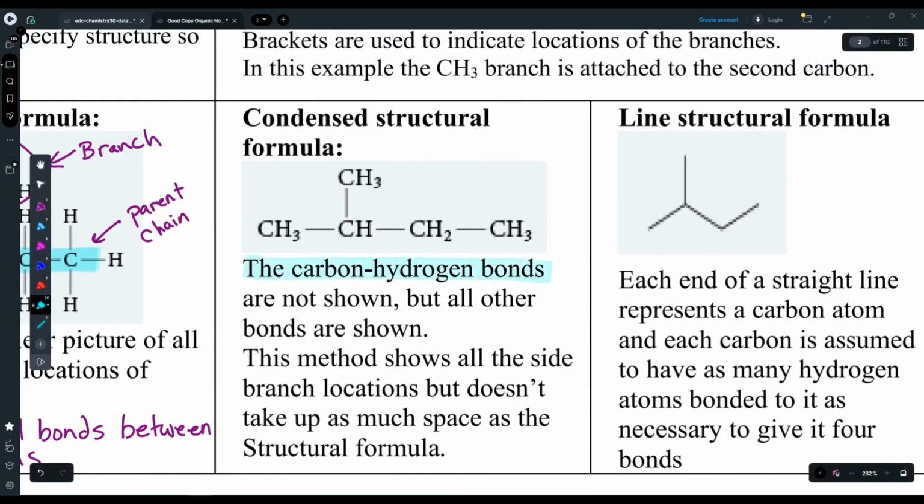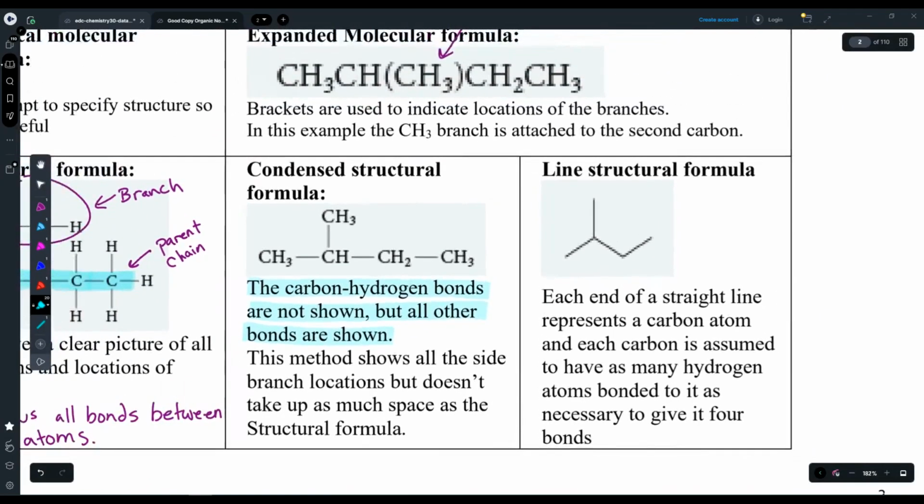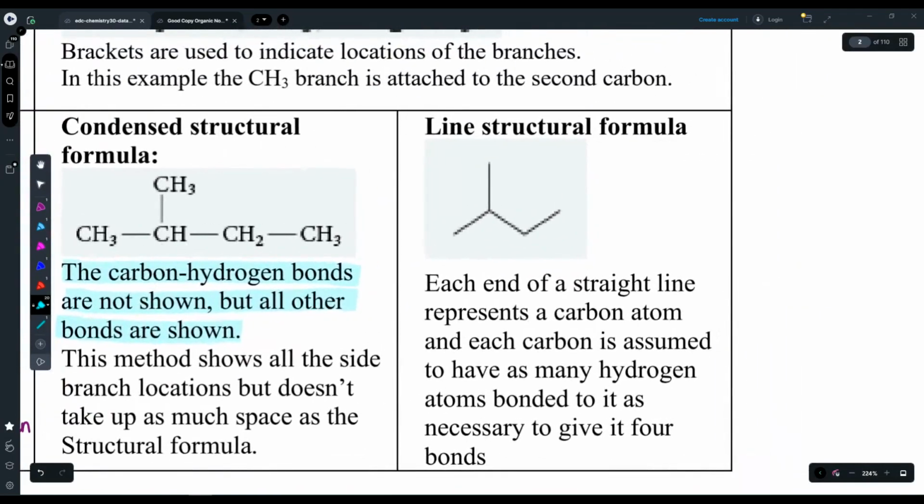So let's make sure we highlight this, because that's important to know. With the line structural formula, each end of a straight line represents a carbon atom, and each carbon is assumed to have as many hydrogen atoms bonded to it as necessary to give it 4 bonds.